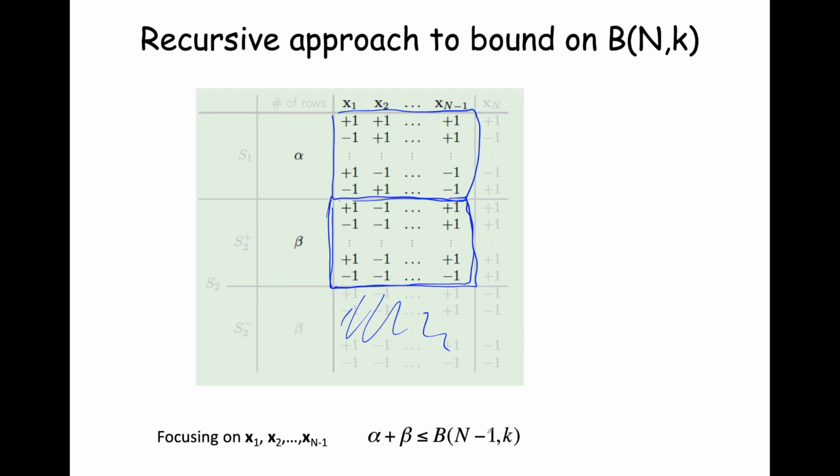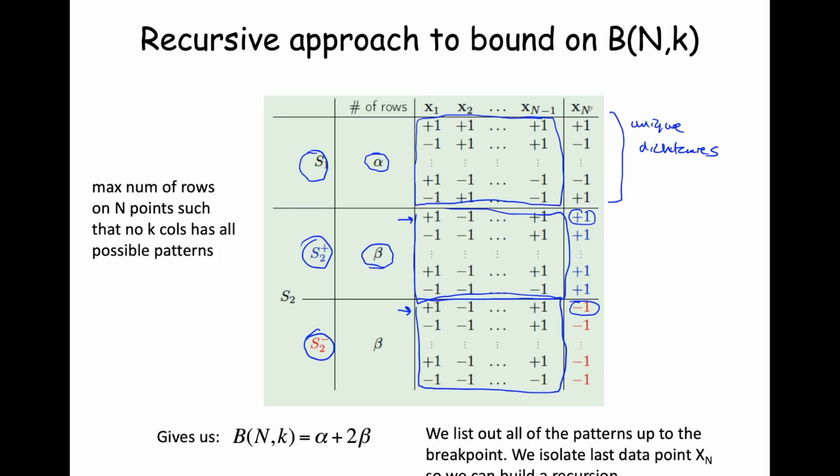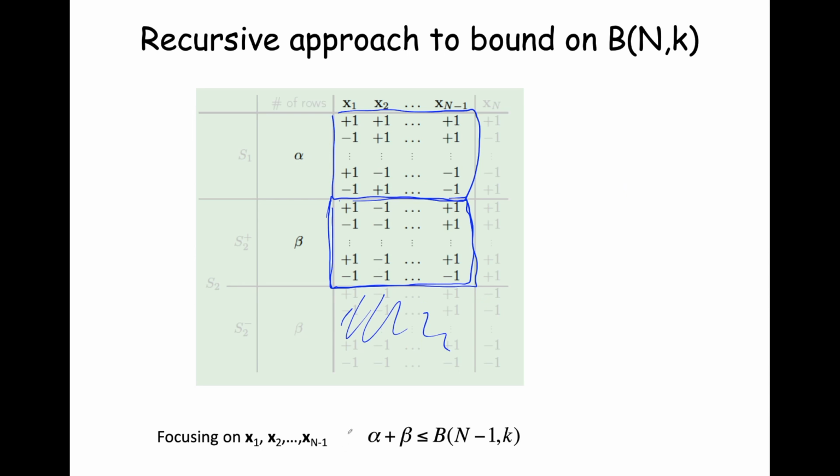Here we're focusing solely on the first n minus 1 data points, and we're looking at the number of dichotomies we can get given n minus 1 data points instead of the full n data points that we had before when we had this closed expression for B(n, k). All right, so we have that alpha plus beta is at most B(n minus 1, k).